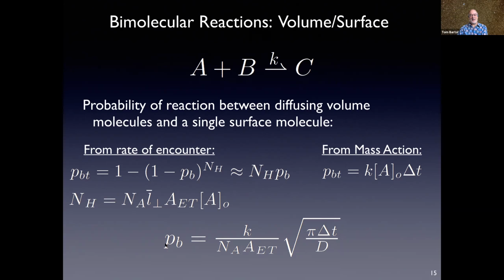But it turns out that for values of K from nature and sizes of molecules from nature and diffusion constants from nature, filling those in, the value of delta T that typically works out to keep PB less than 1 can be on the order of a microsecond.